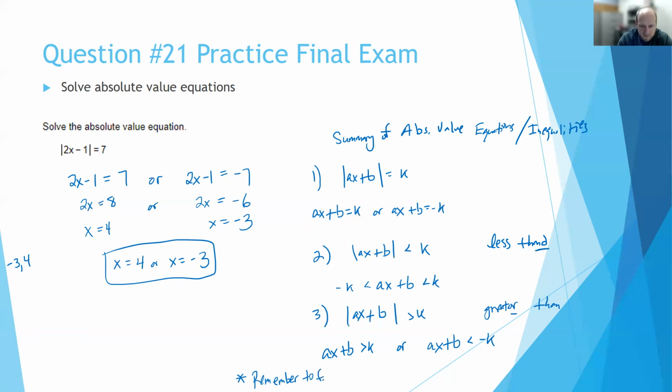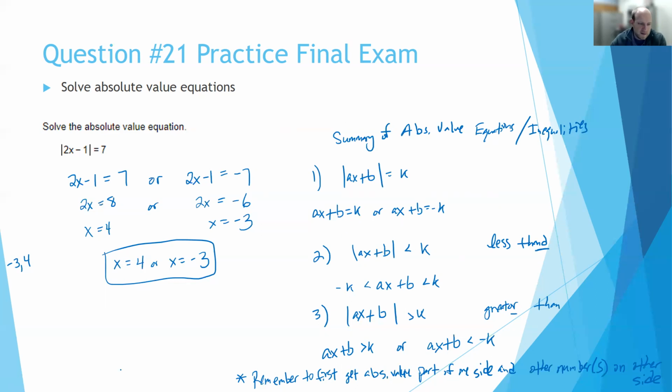Remember to first get the absolute value part on one side of the equation or inequality, and the other numbers on the other side. Then you break it up like we did here.